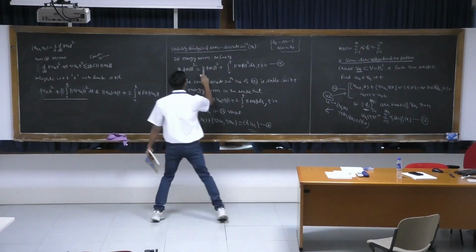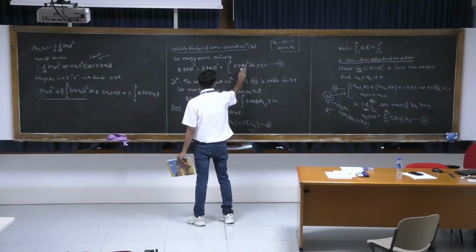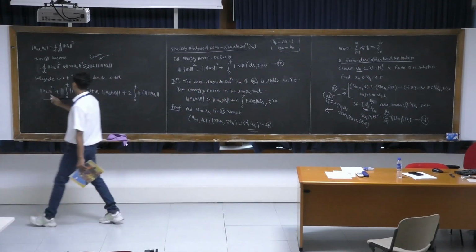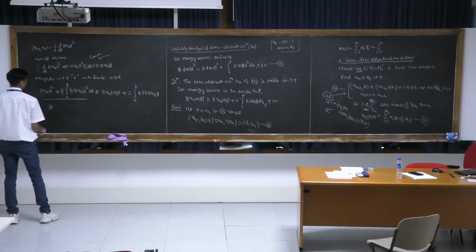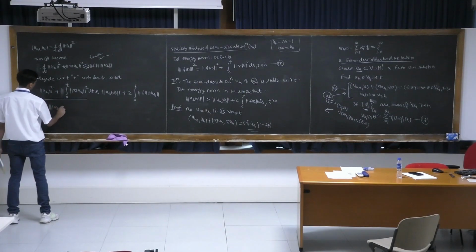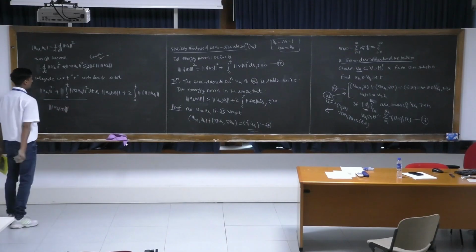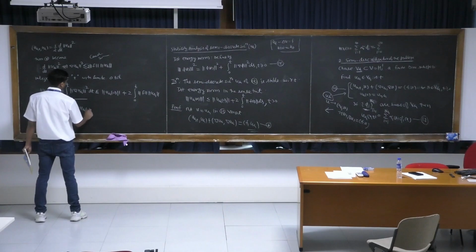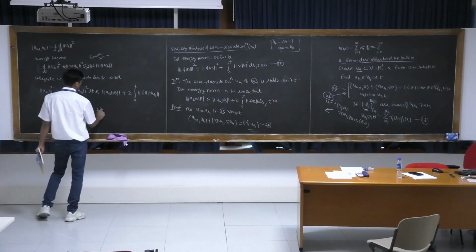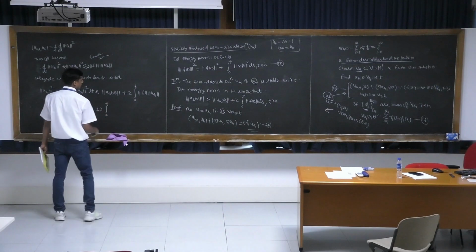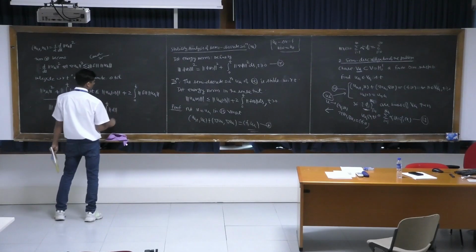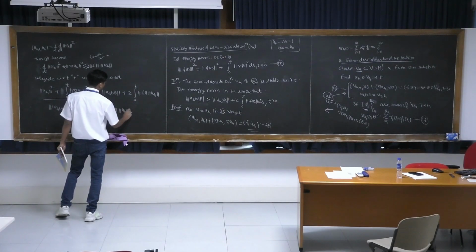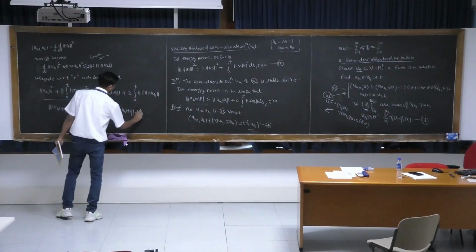We have defined the energy norm, phi and phi here, and here it is u. So you can say triple bar u_h(t) is less than or equal to norm of u_h(0) plus twice the integral 0 to t of norm of f times norm of u_h dt.